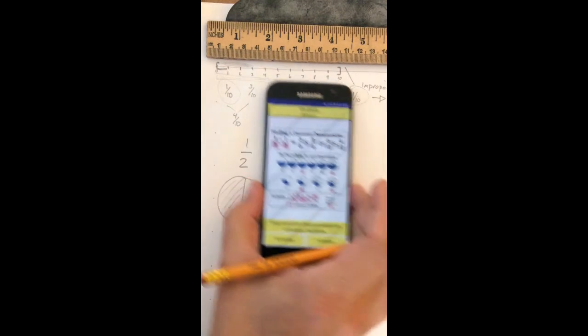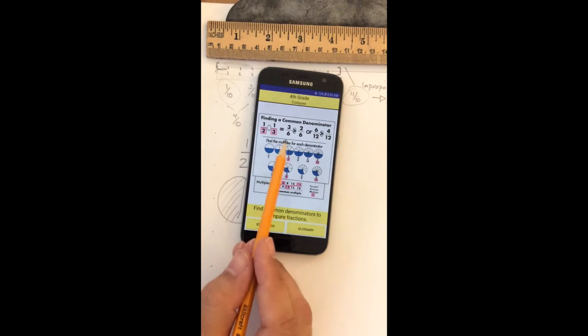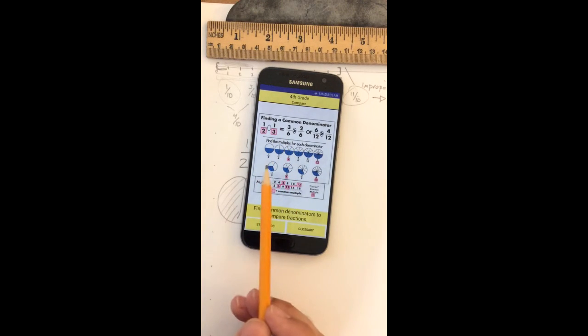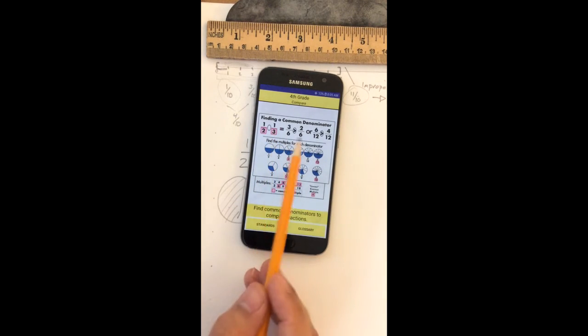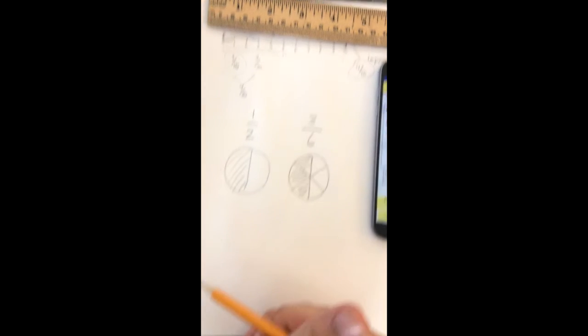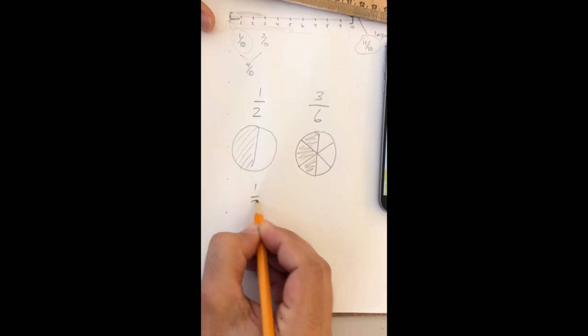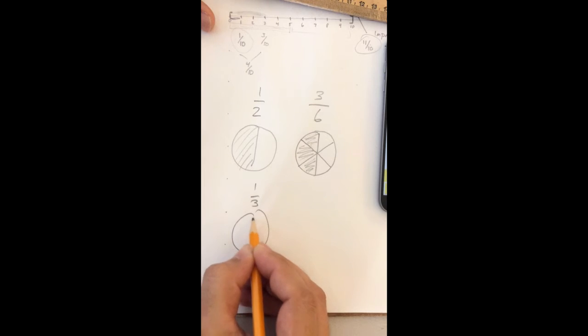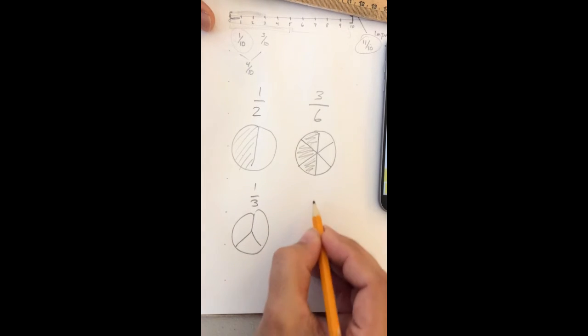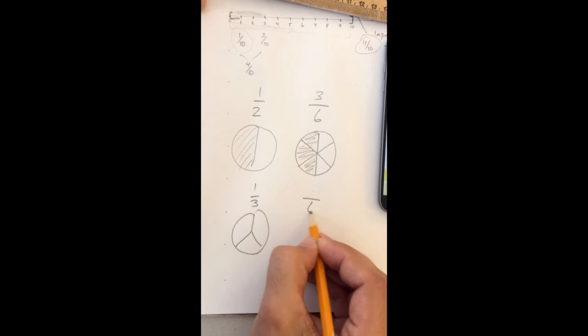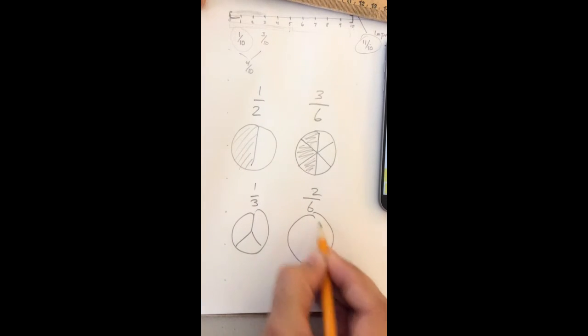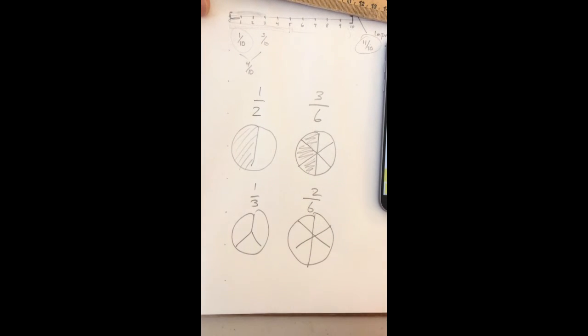So this is a 4th grade standard that's really important, because once you figure out how to do that and then have to do the same thing with 1/3 and 2/6, 1/3 piece and 6ths, of course, is going to be that same everything here.